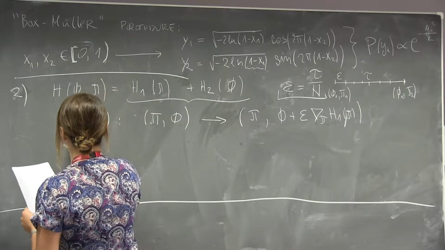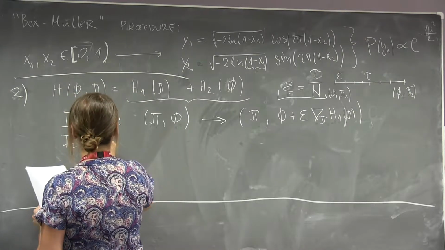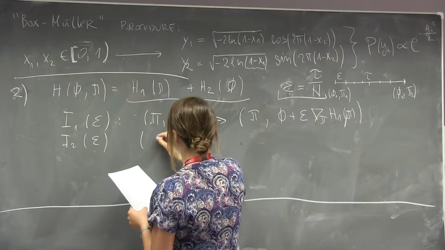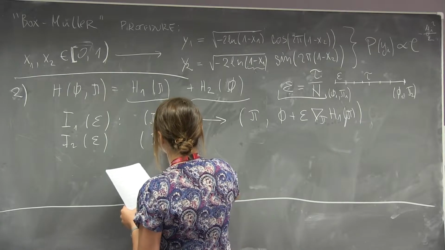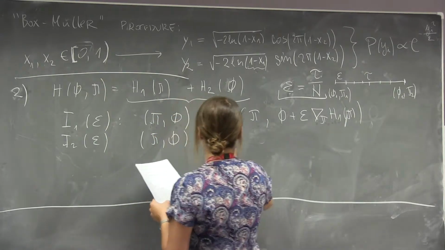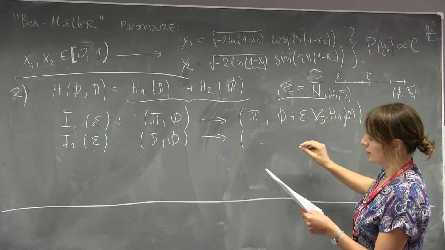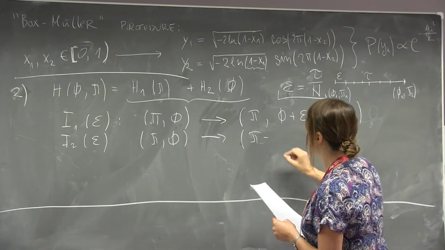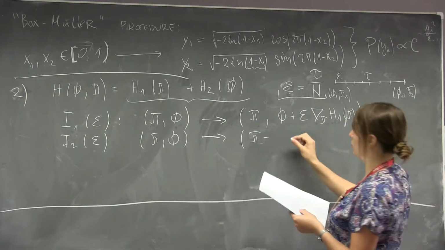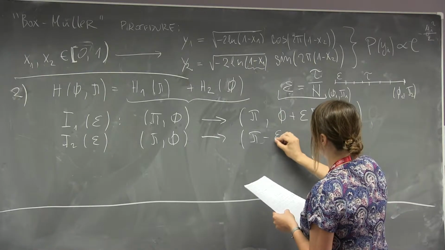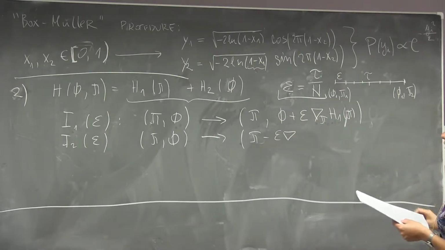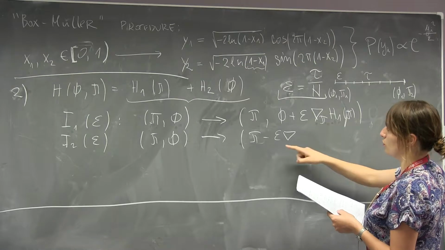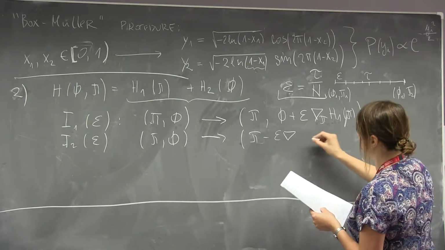And then in the second step, we will keep the field intact, but we will update the momenta accordingly, according to the Hamiltonian equation of motion which corresponds to the momentum pi.